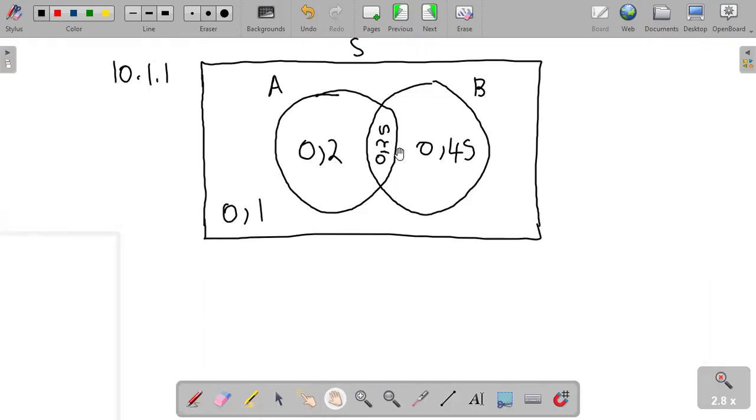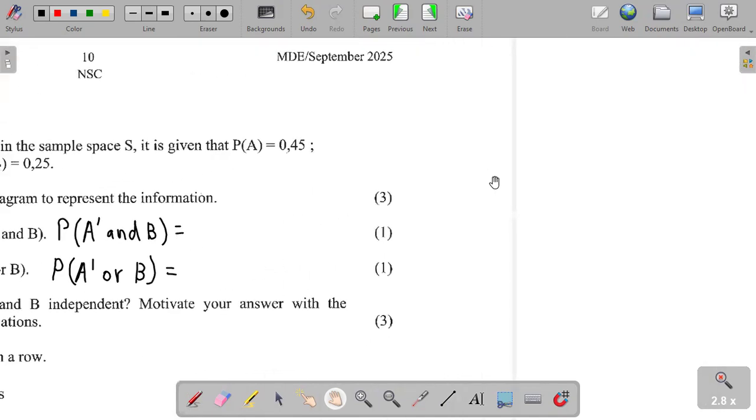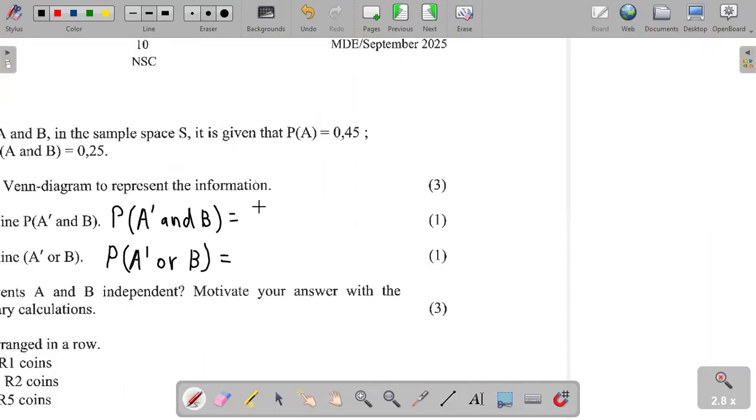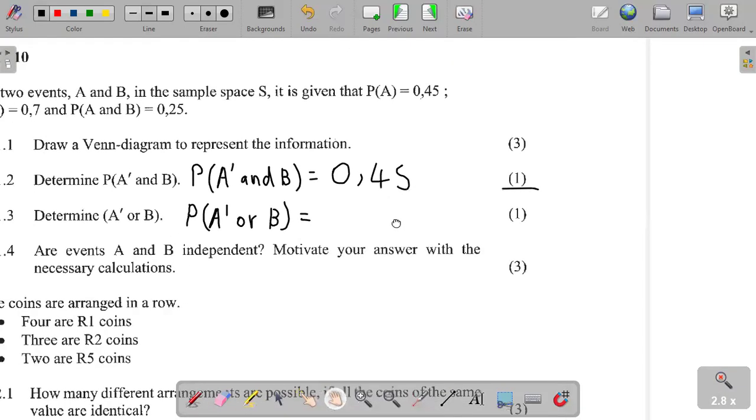So it's gonna be 0.45. Again, guys, these are 1 mark questions. These are questions that you must just be able to see. There's no long calculation.